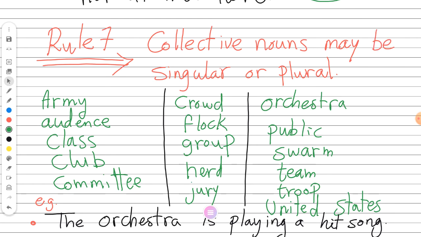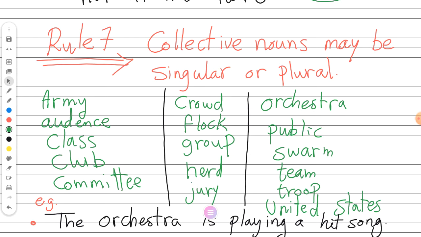Army: I'm not referring to one person, of course. It has many people inside it, soldiers and officers and so on. So army is a collective noun because it has a group of people. Audience is the same thing. I don't mean one person, I mean a group of people who attend a ceremony or a party or event.